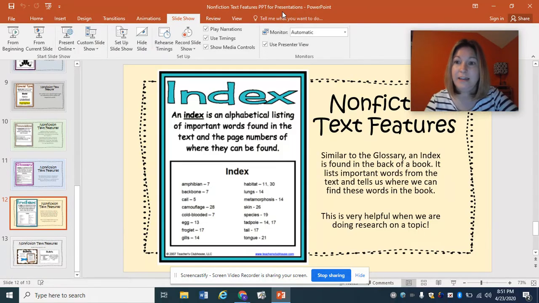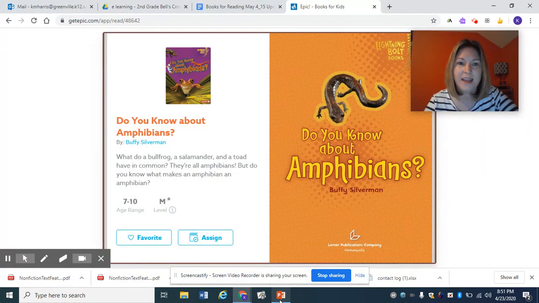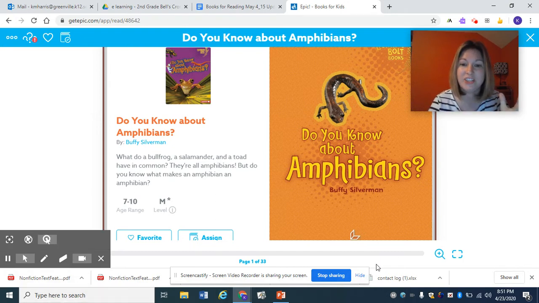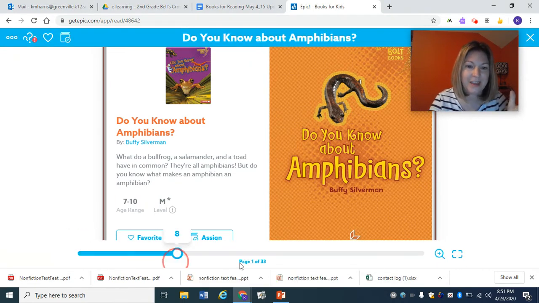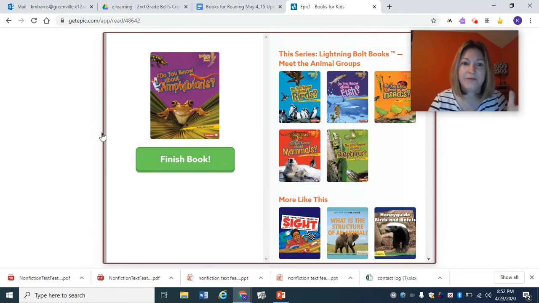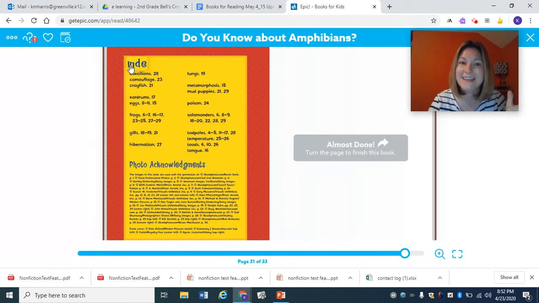So we're going to go ahead today and read a book about amphibians. And our book is called, Do You Know About Amphibians? Well, today we're going to do this a little backwards. We are going to start at the back of the book. And near the back of the book, we have the index.